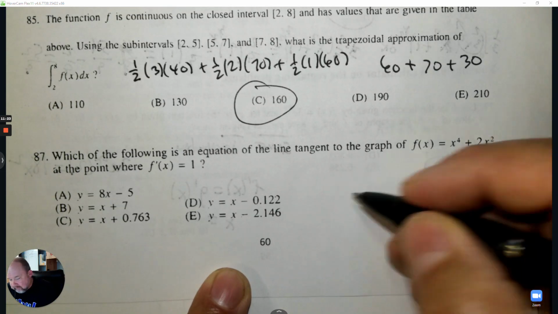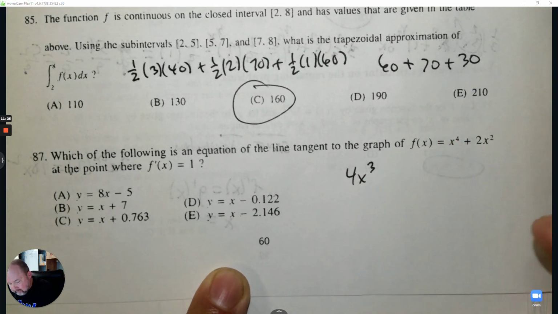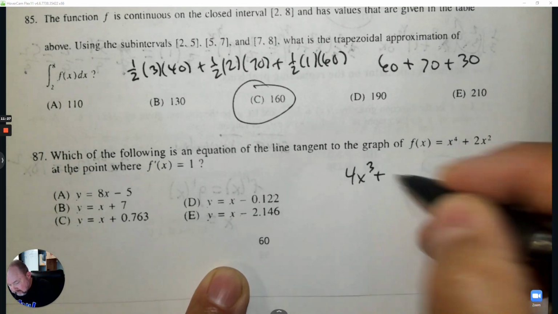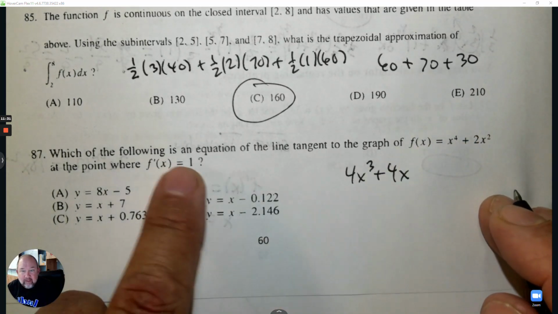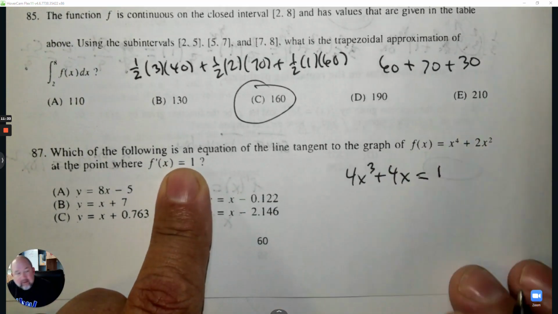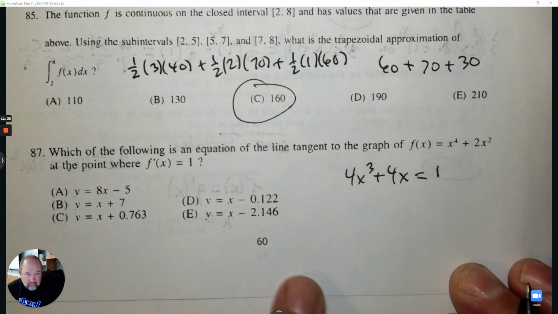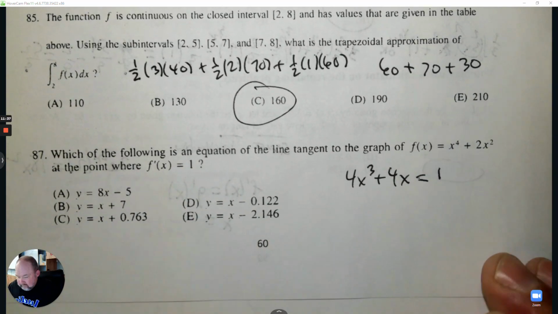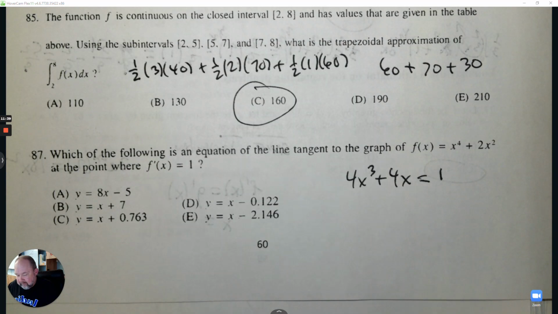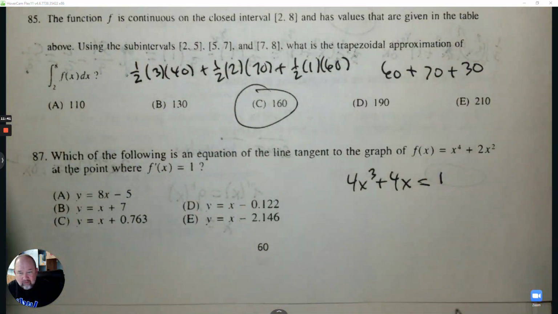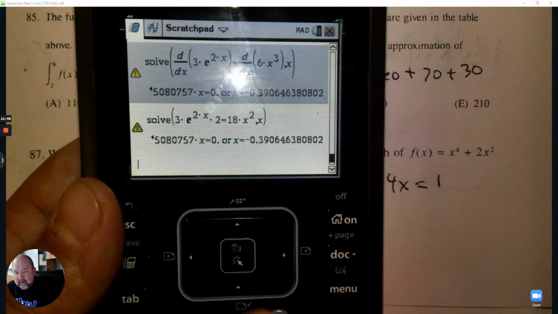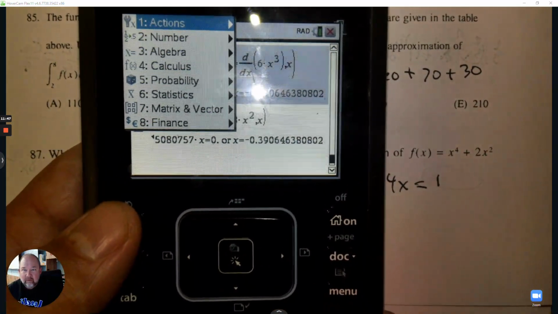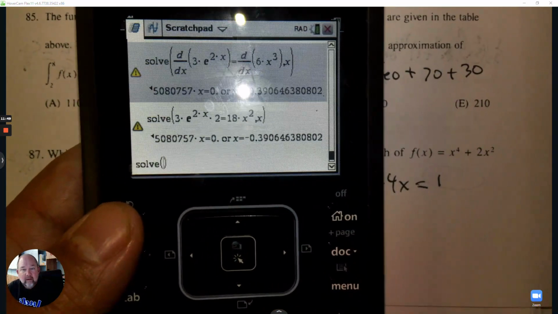Let me take the derivative, which is 4x cubed plus 4x. That's the derivative, and I'm going to make it equal to 1 so I can see what the x value is. I'm going to use a calculator because I feel like I can't factor it. That's my gut. I see the answers that are decimal, so I go, I don't know. So I'm going to go menu algebra, solve, and I'm going to solve that.